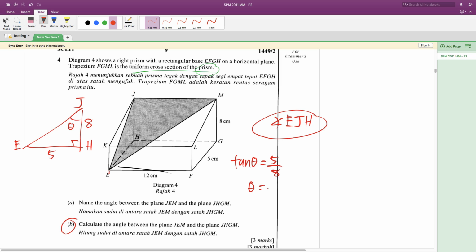Then I move the tangent to the other side, and use the calculator to solve it. So I will say shift tangent 5 over 8. Oh my god, my calculator is in radian. Let me just do it again. So you will get 32 degrees. Are you getting this answer or not?